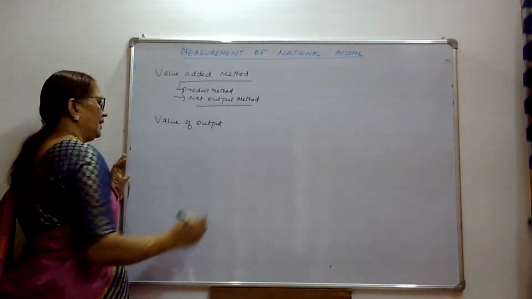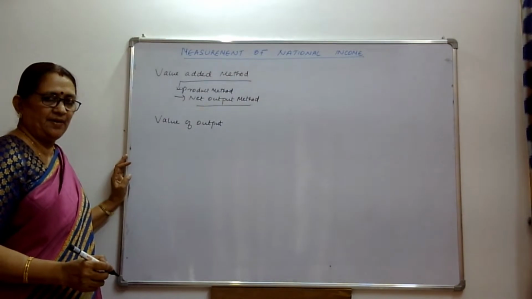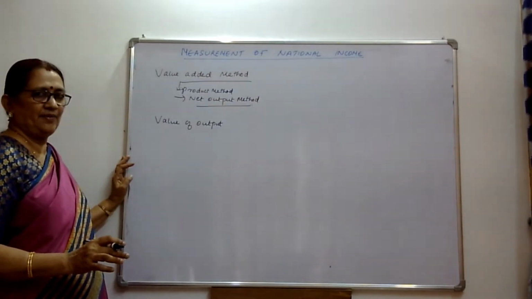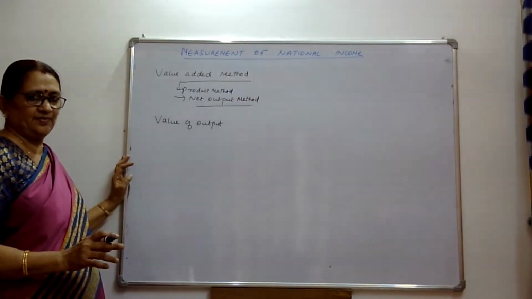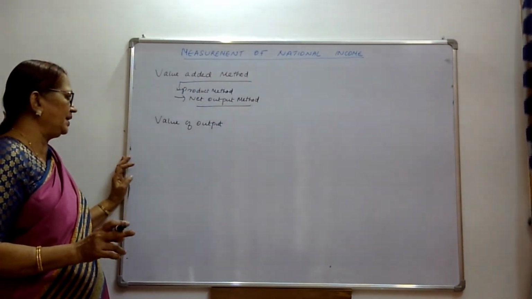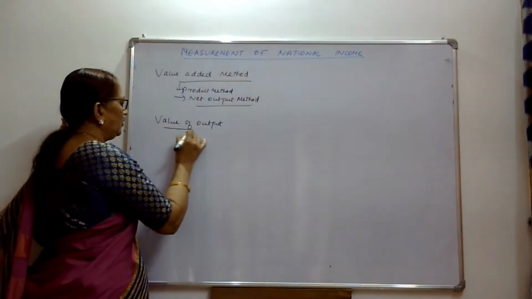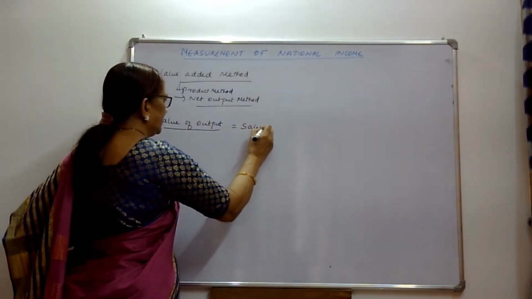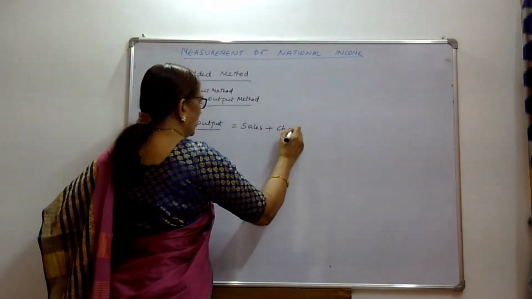We are classifying the sectors: primary, secondary, tertiary. After that, we are taking the value of all the final goods and services produced in the economy in an accounting year. Value of output is equal to sales plus change in stock.